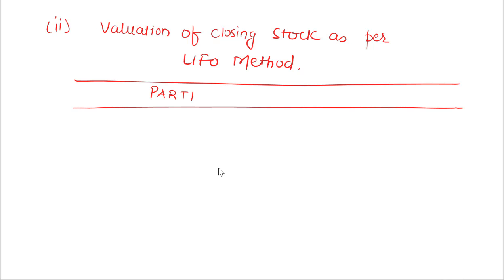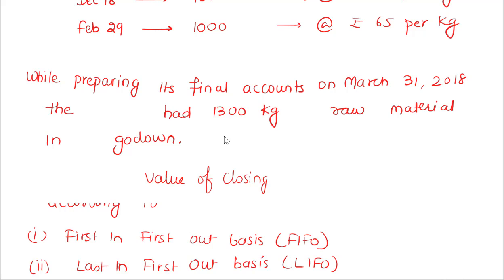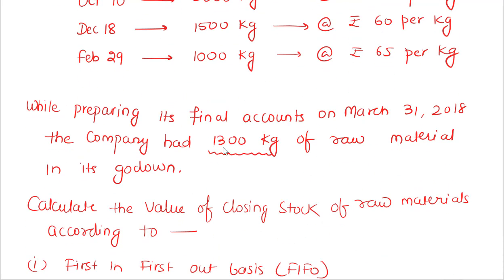Particulars, amount. Total 1300 is there in the closing stock.